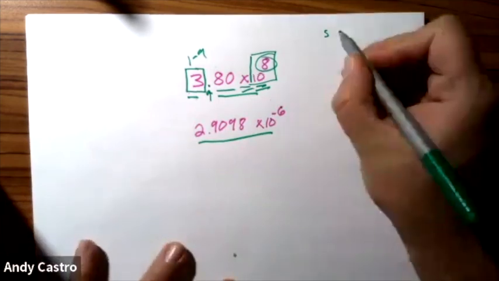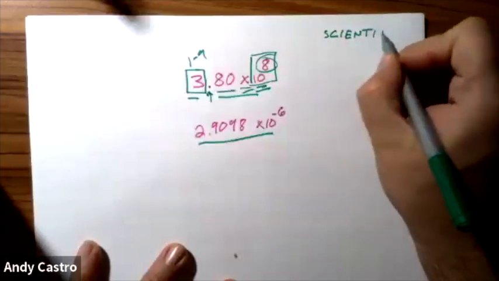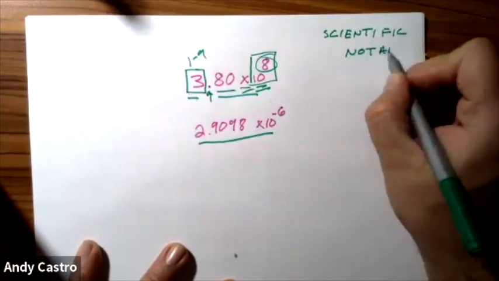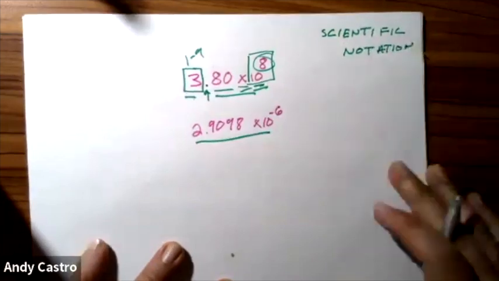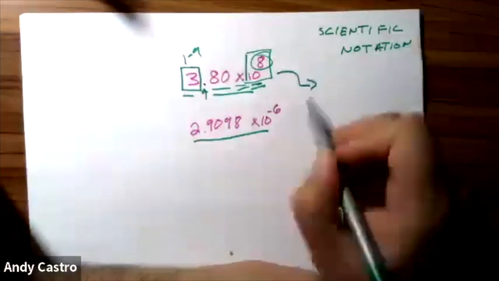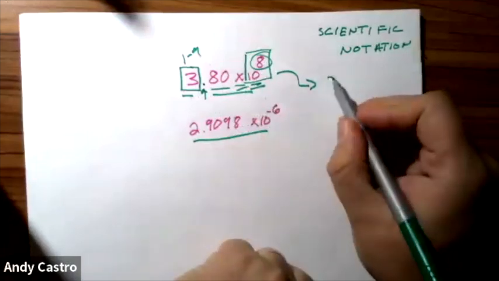Okay, so we are in the middle of doing scientific notation. Now, if we actually were to write this number out, this is 3.80 times 10 to the 8th. What would that actually be?